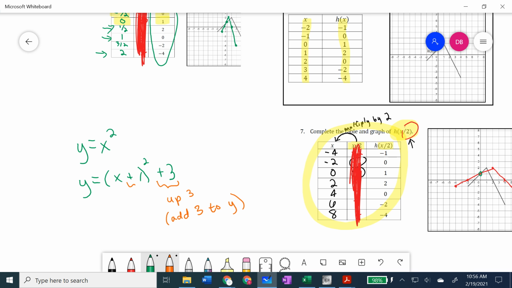But when you see plus 1 with the x, you're not going in the positive direction 1 unit. You're going in the negative direction 1 unit. You're going left 1. And to do that, you are actually taking your x coordinates and you are subtracting 1.